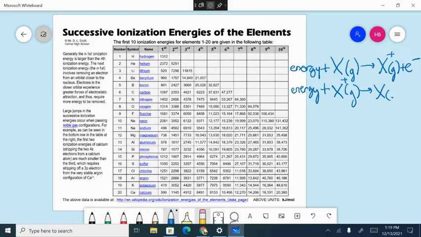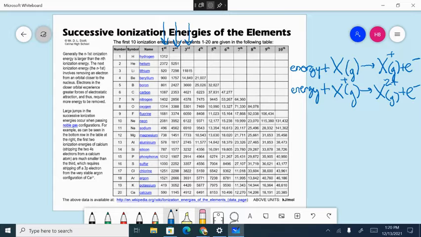It would be how much energy we have to spend to grab a second electron away from him, and so on and so forth. So that's what we refer to as the first ionization energy, the second ionization energy, and it can go all the way on. Third ionization energy is just how much energy you have to spend to take the third valence electron away.